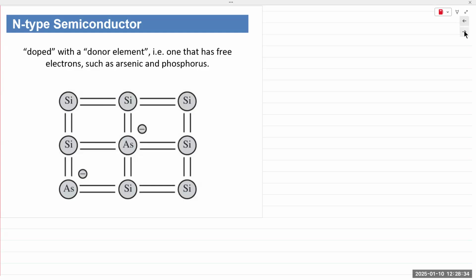There's an extra 5th electron that is now free to move about. Every atom from column 5 that you introduce will displace a silicon atom from its lattice structure and occupy that space. Once it occupies that space, it shares 4 of its electrons, forming strong covalent bonds with the 4 neighboring silicon atoms. And then 1 extra electron is now free to move around.